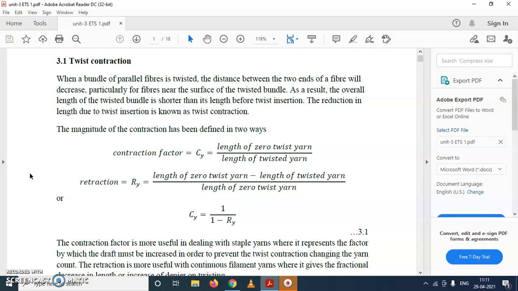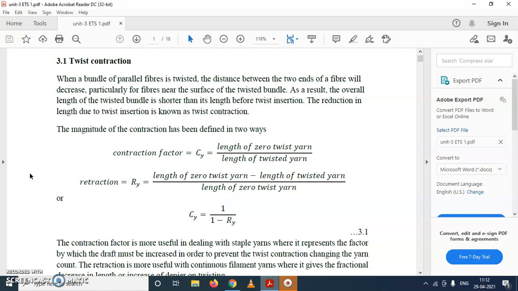Now the second term we'll define is retraction factor, which is denoted by capital Ry, which is basically the ratio of the difference of the two lengths, zero twisted yarn and twisted yarn, and the length of the zero twist yarn. So that is the original length.